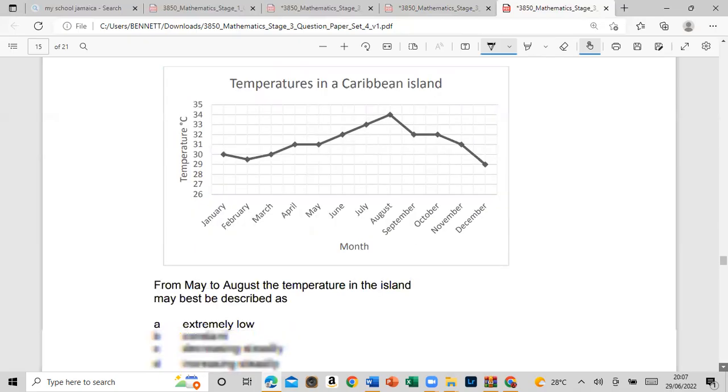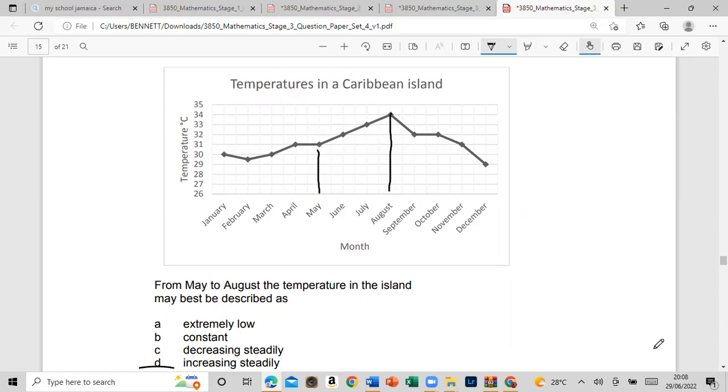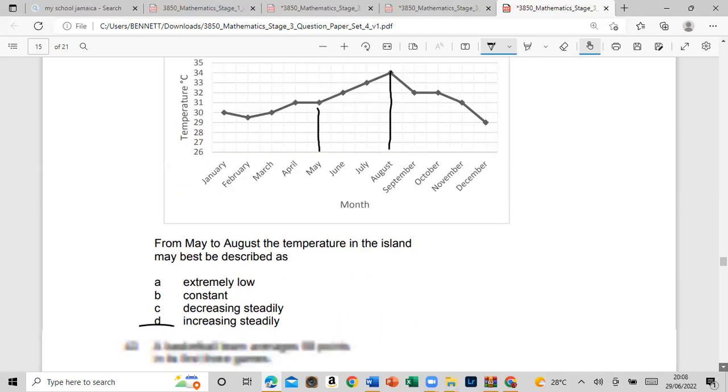From May to August, the temperature on the island, so from May, which is this, to August, which is this, is a steady increase. Constant, steady increase. That's an increase every month, right?